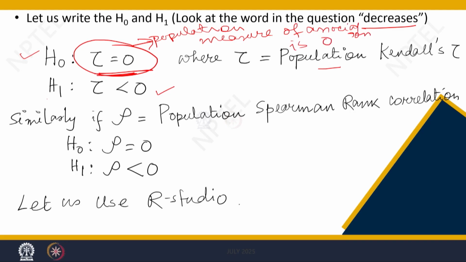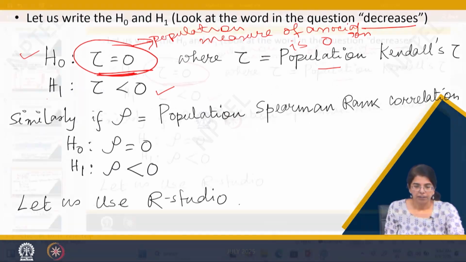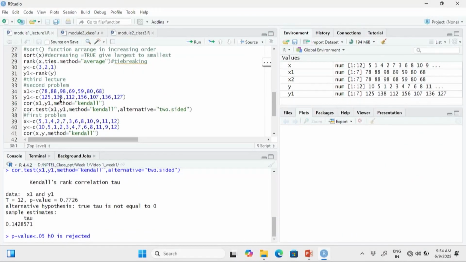There is no association. So, let us get back to R again. For this we have chosen the two-sided alternative. Similarly, you can write greater or less alternative and you will find the p value.